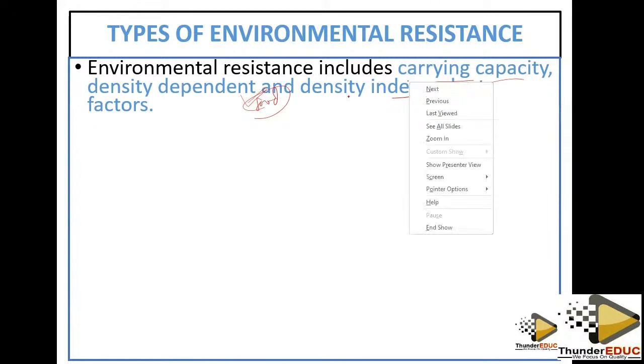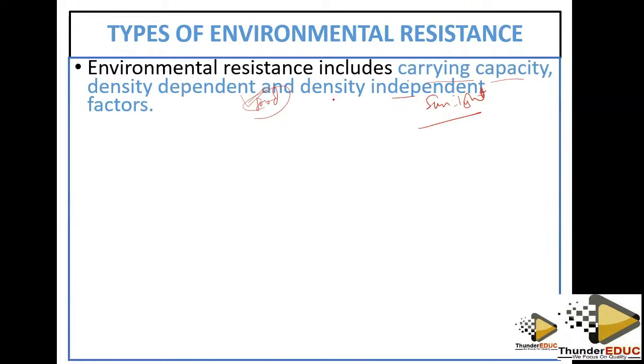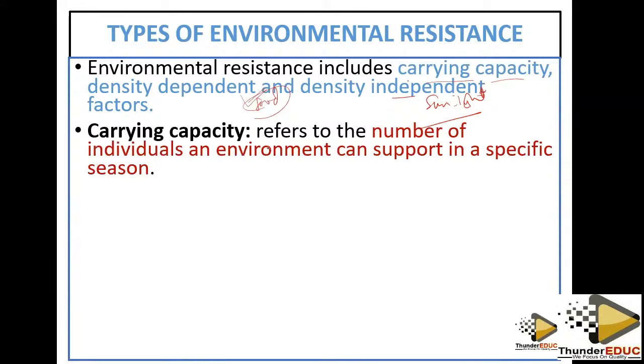And those factors which depend on how many individuals are there, we call them density dependent factors. Carrying capacity refers to the number of individuals an environment can support in a specific season.